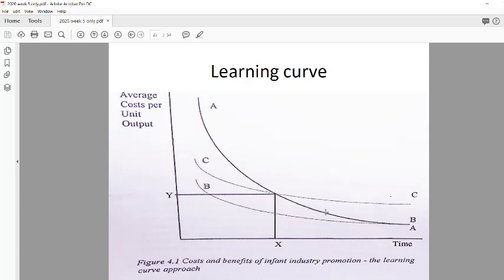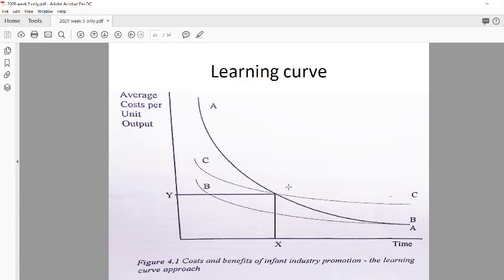So as long as the weight of these benefits, this area between CC and AA to the right of X, the section here, outweighs all the costs to the left of X, which is the area between AA and CC to the left of X, the section here, then you have some argument for protecting this infant industry.